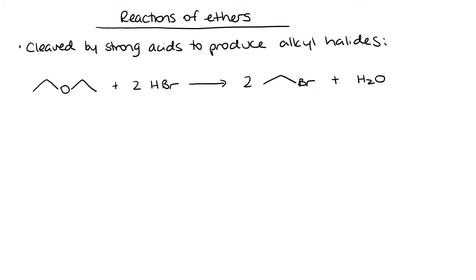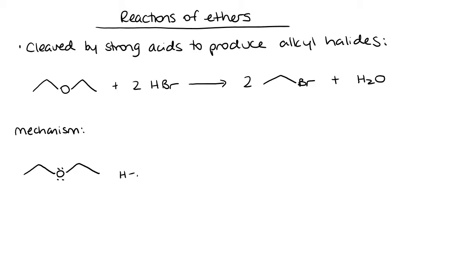Now, as far as the mechanism for this reaction, it's very similar to the formation of ethers using acid-catalyzed conditions. So in our ether, we have an oxygen with a lone pair.